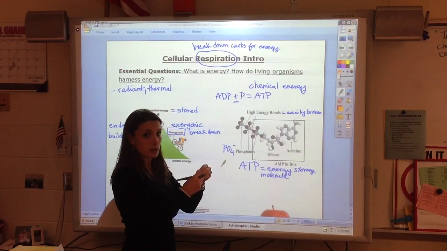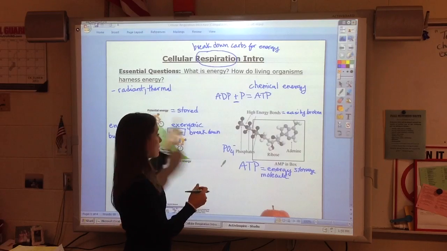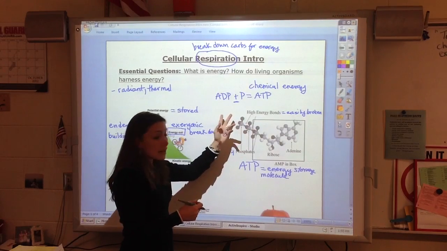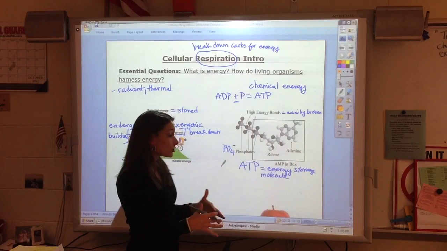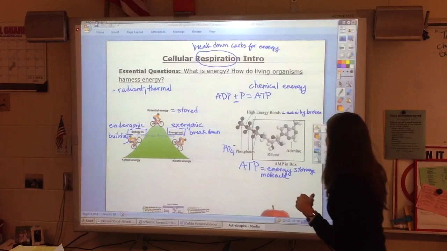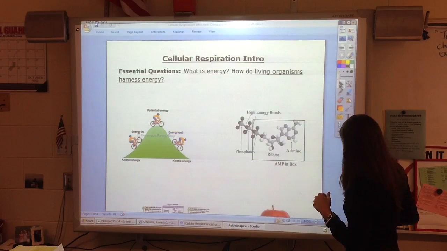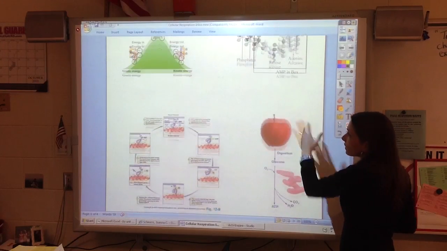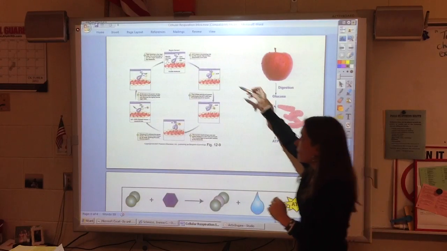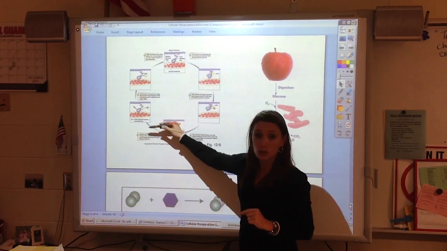And when I bond them together, there's a lot of potential energy in this bond. When I break that bond, that energy can do work. So that's what we want to look at: how do living organisms use energy? We're storing the energy temporarily in ATP, and then we're going to use this ATP to do work.